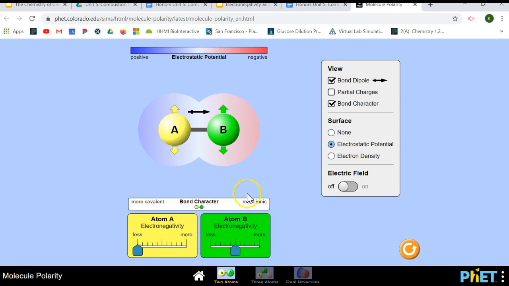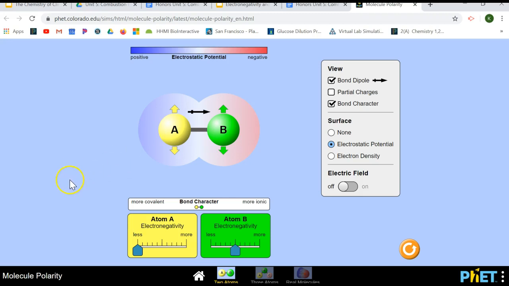That means that there might be some sharing, but there also is clearly not an equal pull from one to the other, because this region tends to be more pink, which is negative, and this region, which is more blue, tends to be positive. Remember, a region that's more negative means that it's more likely you're going to find the electrons in this region than in that region. And we're always talking about valence electrons in this situation.